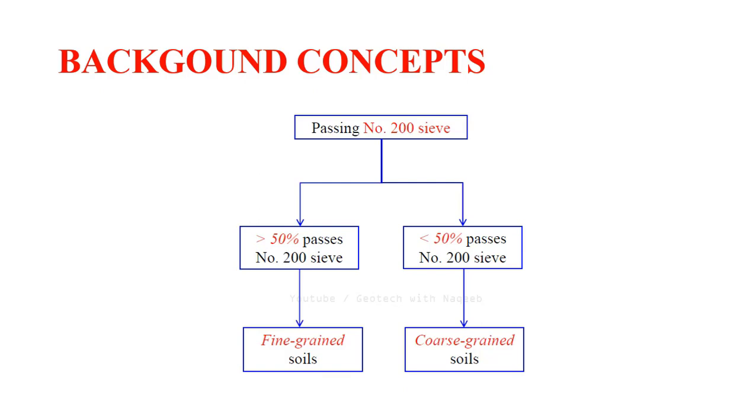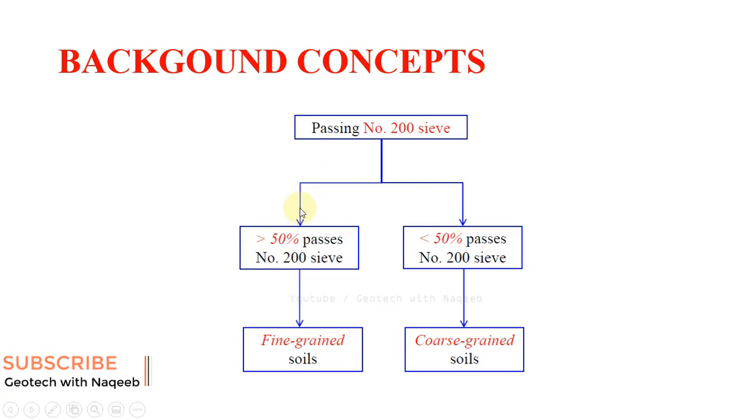How do we differentiate between coarse grained soil and fine grained soil? The boundary between the two is sieve number 200. In a few minutes, we will discuss the meaning of sieve number 200 and sieve number 4 and so on. For the time being, let's understand how we differentiate between coarse grained soil and fine grained soil.